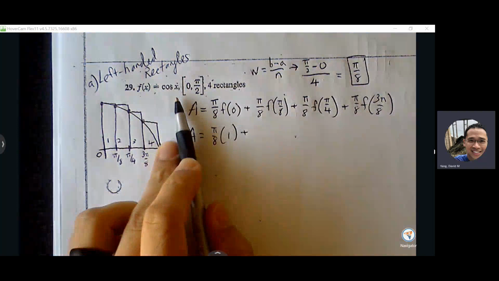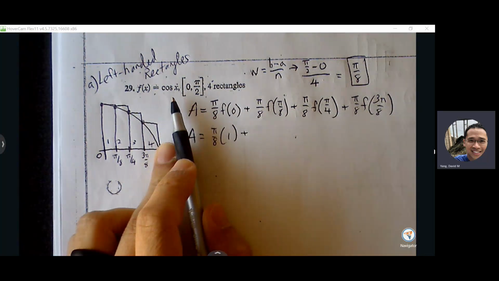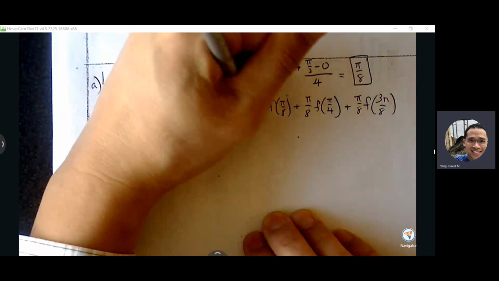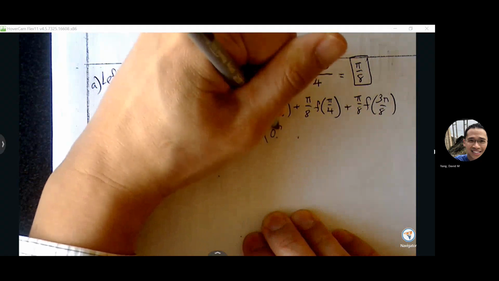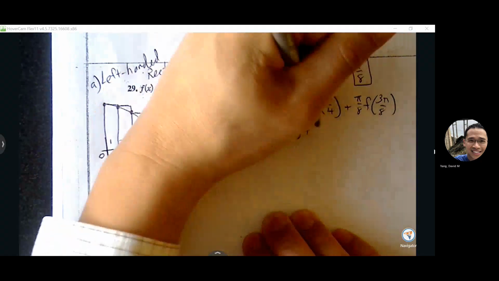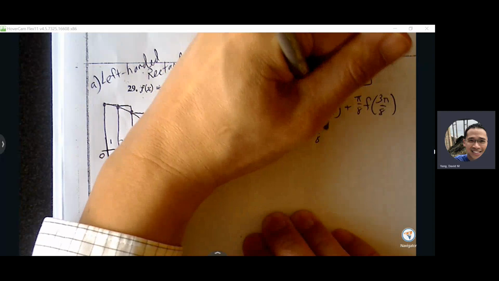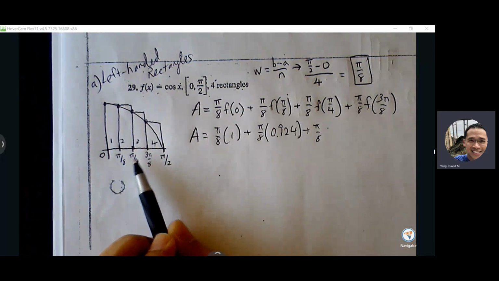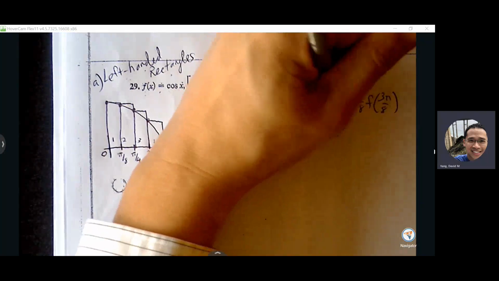Plug pi over 8 in for x in the cosine function, and that decimal value ends up giving us 0.924. Pi over 8 times f of pi over 4, plug pi over 4 into the function, I get 0.707.